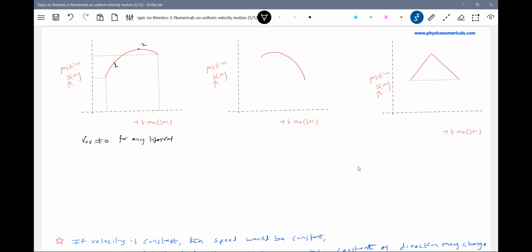Between 1 and 2, at 2, the slope can be 0.